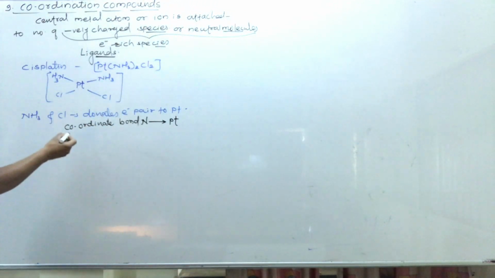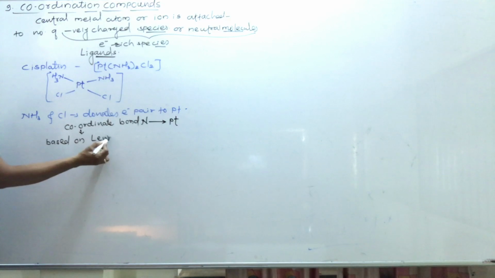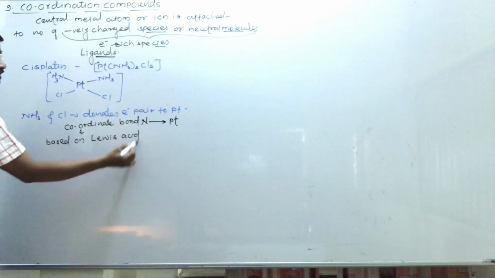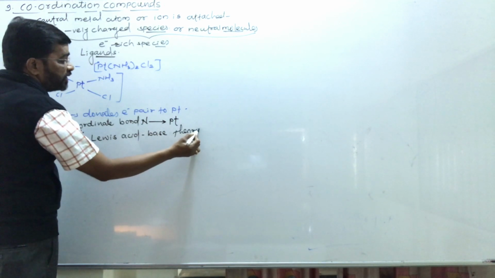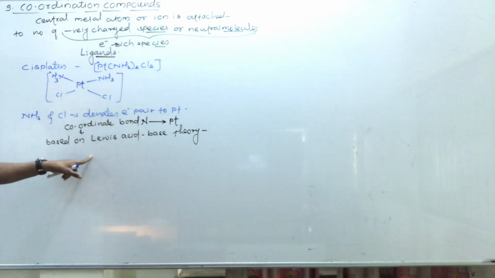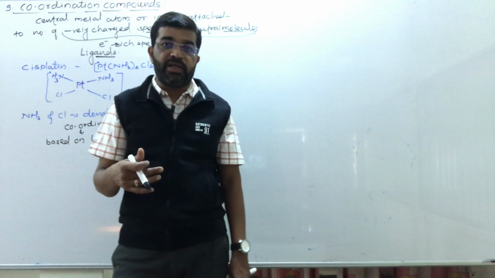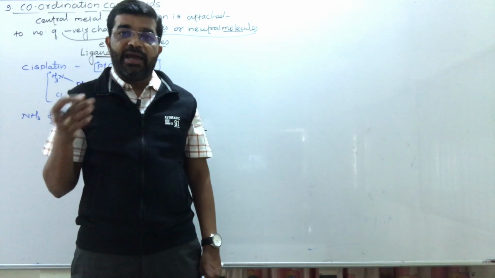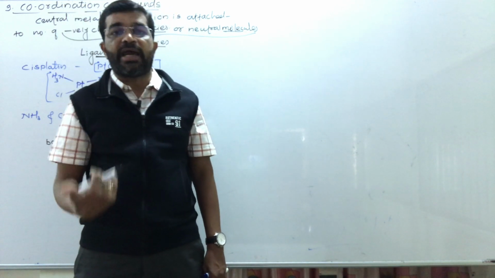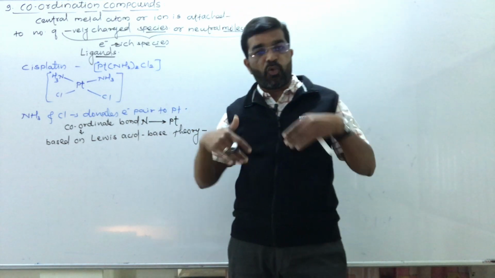And this coordinate bond formation is based on the Lewis acid-base theory, which we have studied in ionic equilibrium. According to the Lewis acid-base concept, an acid is a substance or species which accepts an electron pair, and a base is a substance or species which donates the electron pair.